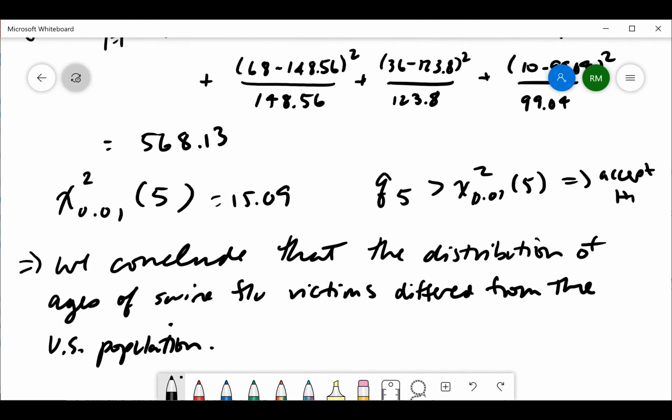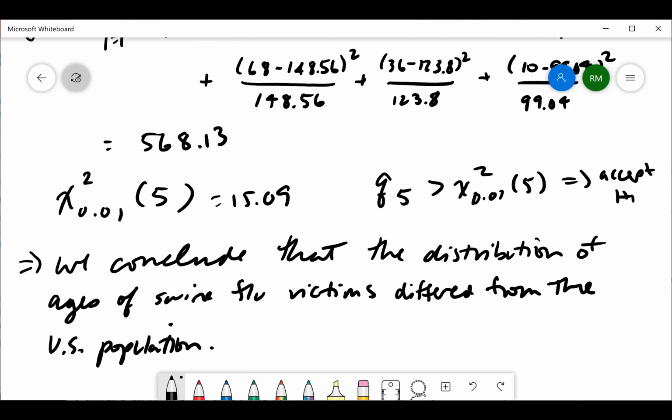The problem with the chi-square test is that it's many-sided. We're very confident that the distribution of swine flu victims was not the same as the distribution of ages from the US population, but we don't actually know what's true though. Is it really true that younger people were affected more, or were older people affected less?